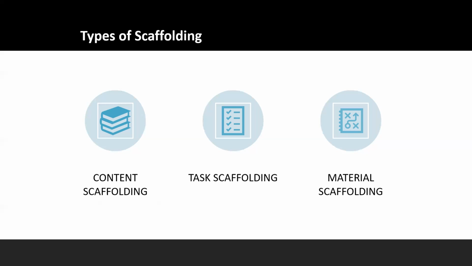So one type of scaffolding is content scaffolding. And Chris was talking about how you have students who have different levels of experience and expertise. They likely come from different disciplinary backgrounds, so they're coming to the table with different levels of expertise.